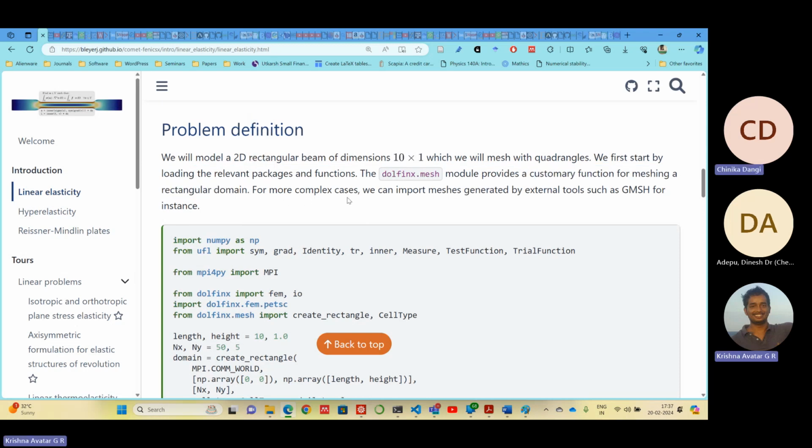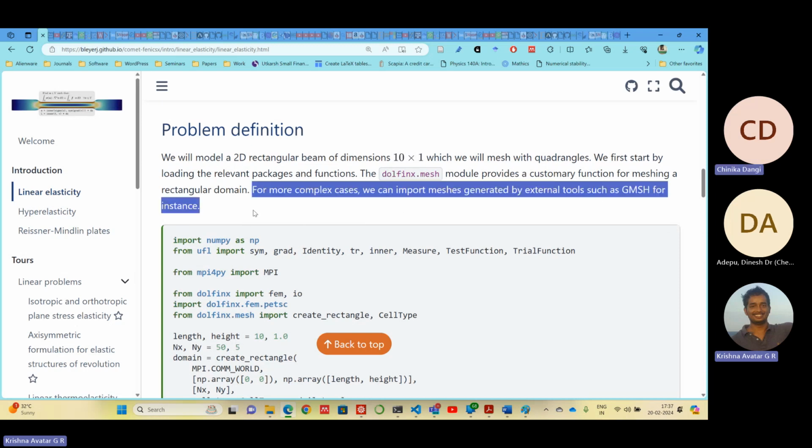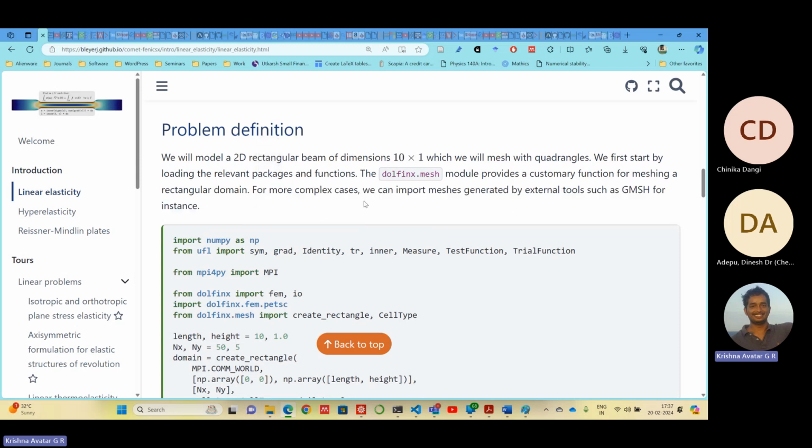For more complex cases, we can import meshes generated by external tools such as Gmsh, for instance. Actually, Dinesh, Chininkandi and I had worked on doing this. We imported a mesh by creating it in Gmsh and loading it into FEniCSx. It was long back, one year back, but we still have those files.